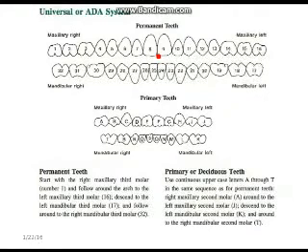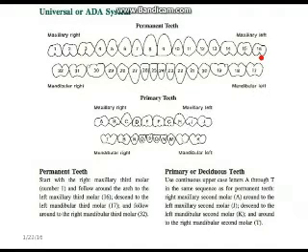The 2nd quadrant is your upper left quadrant, on your left cheek. So the first tooth in your 2nd quadrant is the central incisor. You got it. Number 9. Lateral incisor number 10. Canine number 11, and so on until you reach the 3rd molar, number 16.